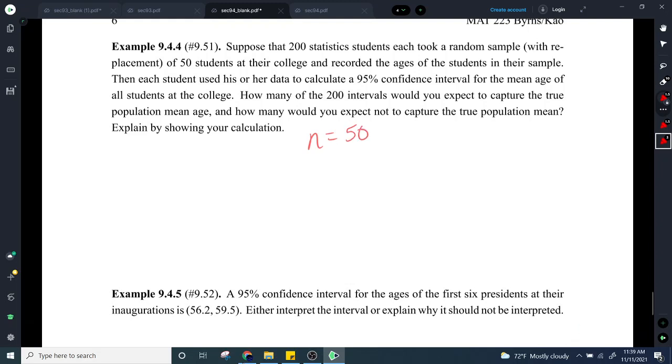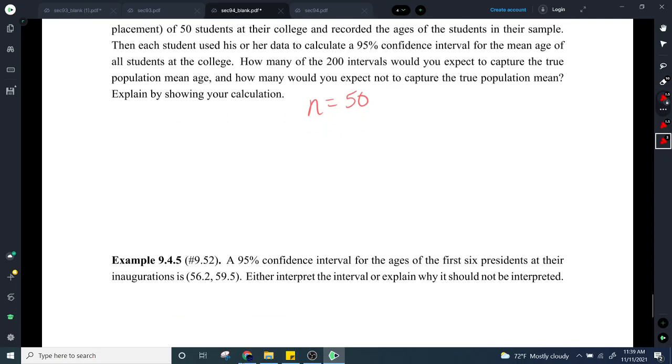Each student used his or her data to calculate a 95% confidence interval for the mean age of all students at the college. How many of the 200 intervals would you expect to capture the true population mean age? And how many would you expect to not capture the true population mean age?